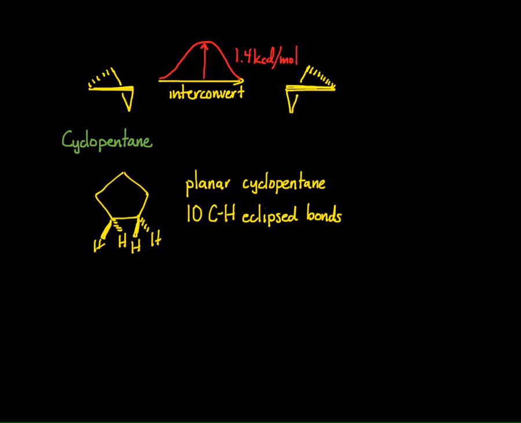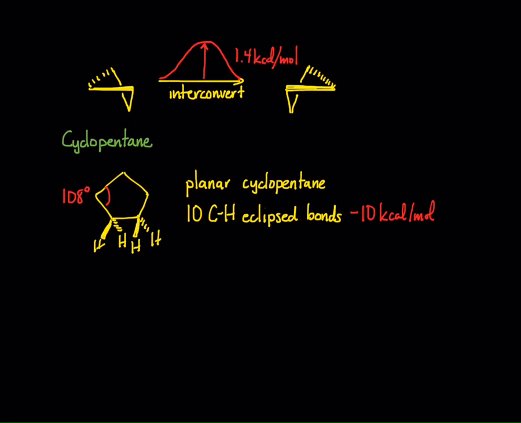Everybody tends to forget that of cyclopentane rings. But we're assuming that there's hydrogens all around, and all of those hydrogens are eclipsed to one another. So that's 10 carbon-hydrogen eclipsed bonds, which is 10 kilocalories per mole of potential torsional strain. Potential torsional strain. But have you guessed what that bond angle is?